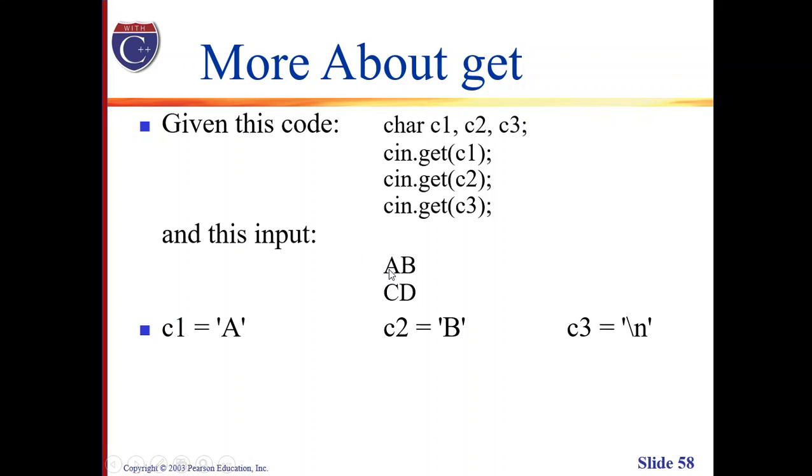If we take a look at this input, right after B there is actually a new line character, followed by the next line which contains C and D. However, due to the nature of the get function, it reads the new line character and treats it as part of the input.